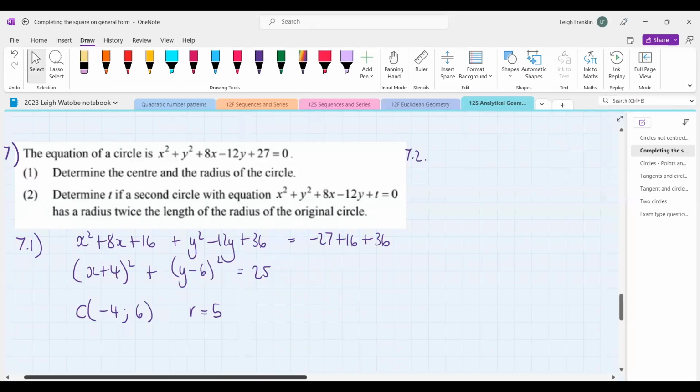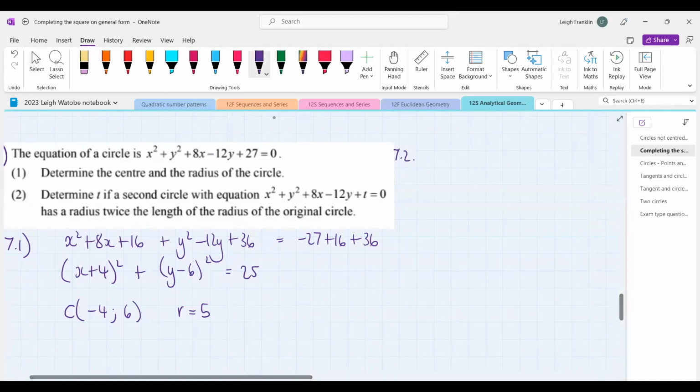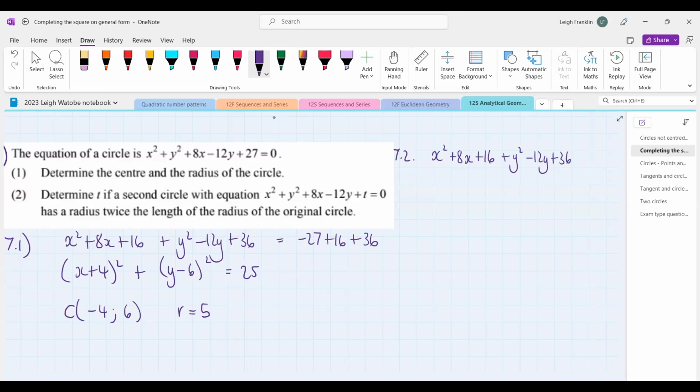So, ma'am, we're going to say x squared plus 8x plus 16 plus y squared minus 12y plus 36 equals negative t. Okay, that's fine, not a problem.